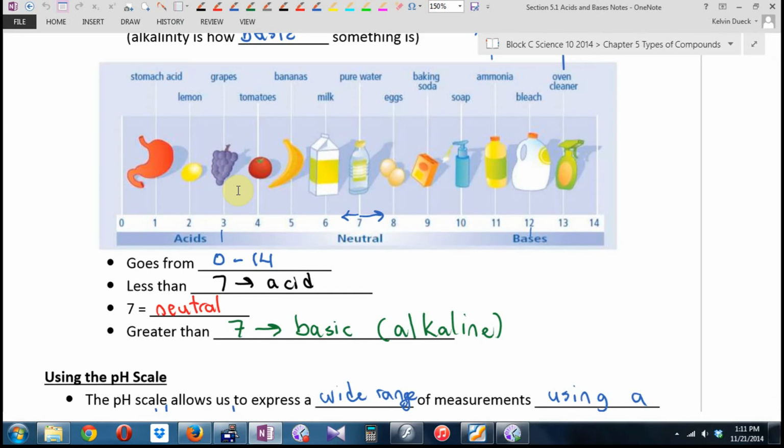Bananas are 100 times more acidic than water. Or tomatoes are 100 times more acidic than milk. Or if I want to go in the basic direction, I'll go up by 1, 2, 3. Oven cleaner is 1,000 times more basic than soap. More alkaline than soap. You can go now.